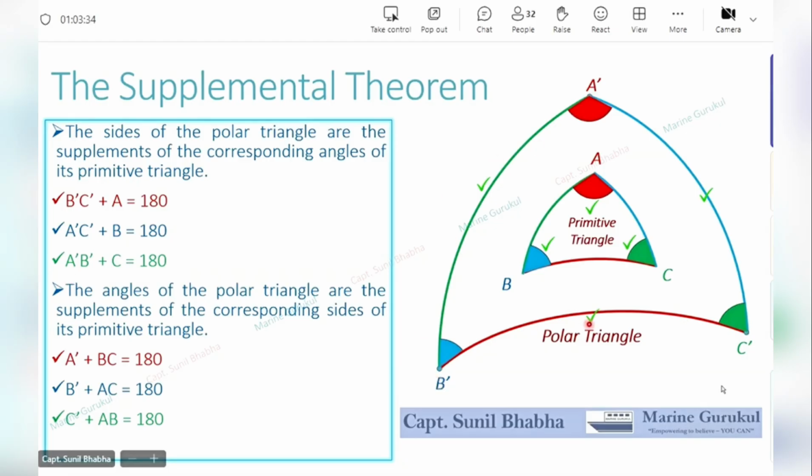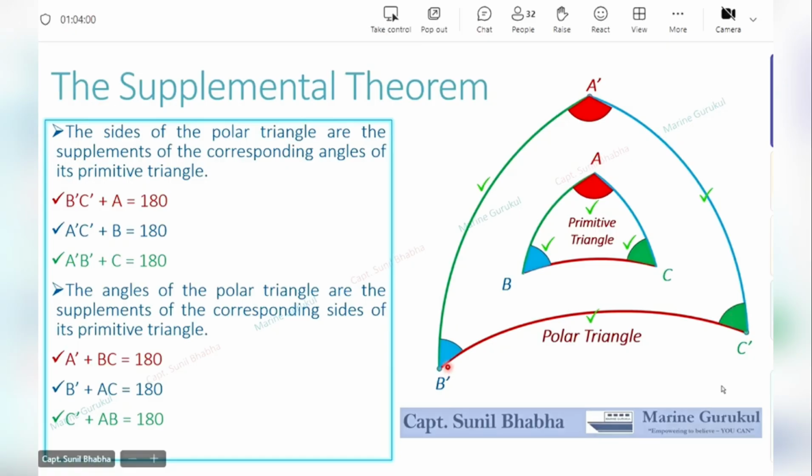So you now see we have all three sides of the polar triangle available to us, and we can now apply the cosine formula to the polar triangle, and by applying it we can find all three angles of the polar triangle. Angle A', angle B' and angle C' can be easily obtained using the cosine formula.